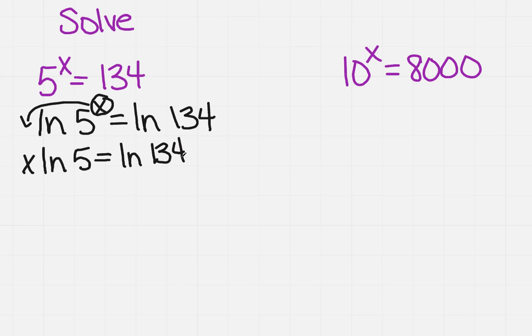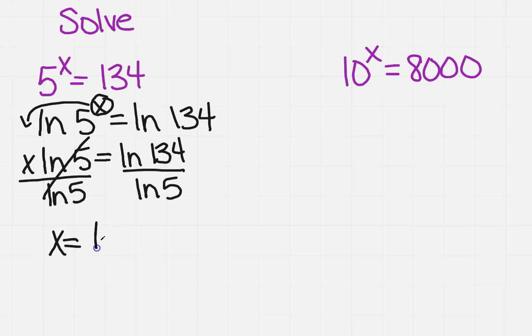Now I can get x all by itself, right? I'm going to divide both sides by the natural log of 5. Anything over itself cancels, so I'm going to get x equals the natural log of 134 over the natural log of 5. Now, for most of your teachers, and even on some of your exams, that's not going to cut it, right?